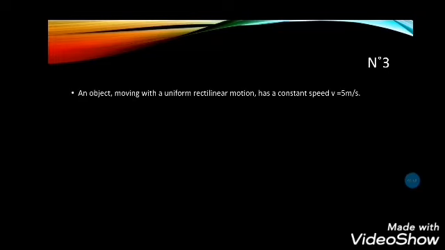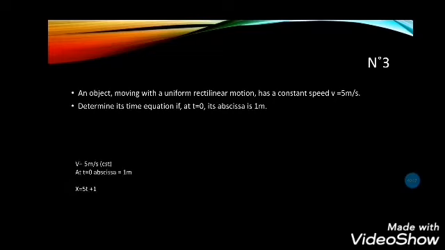Number 3. An object moving with a uniform rectilinear motion has a constant speed v equals 5 meters per second. Determine its time equation if at t equals 0 its abscissa is 1 meter. So since we have a constant speed and uniform rectilinear motion, the equation is x equals vt plus x0.